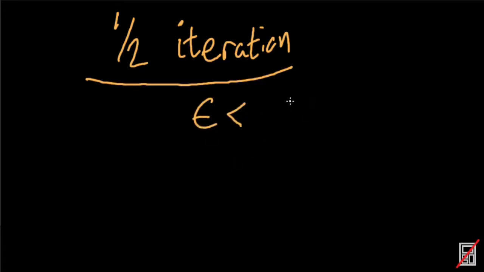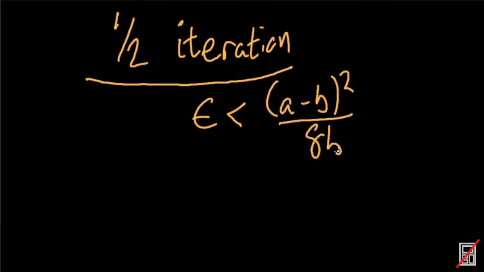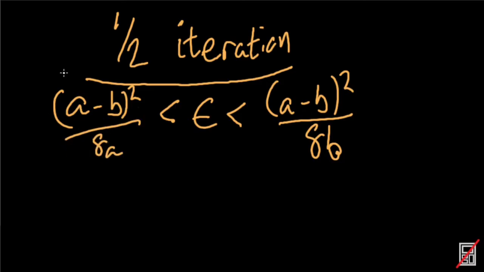It turns out that once we subtract (a minus b) squared over 8b, this actually gets us really close to the right answer, even without doing an extra iteration. Now, if we use our bounds from before, (a minus b) squared over 8a, we can actually get even nicer bounds by going an extra step and subtracting this epsilon.